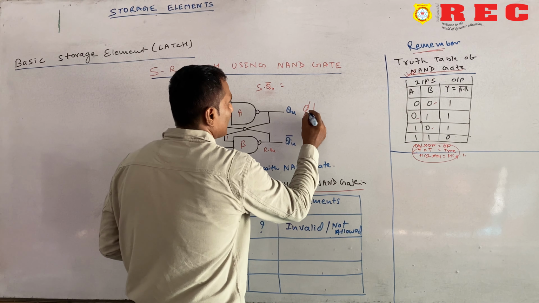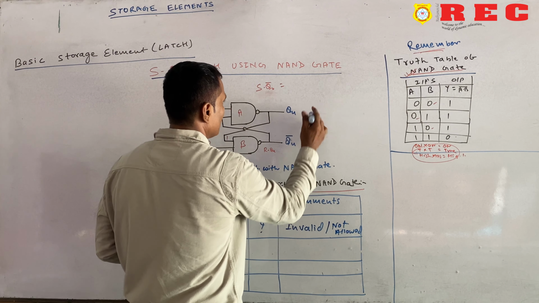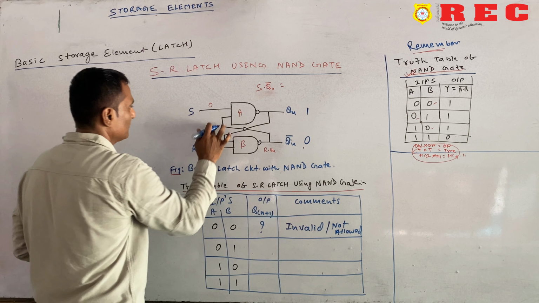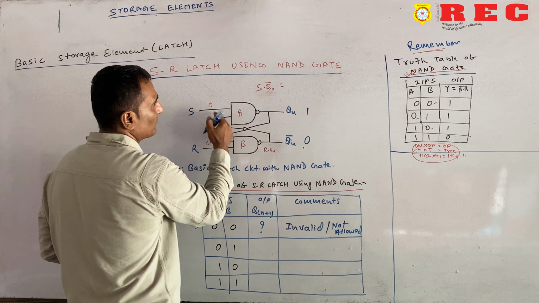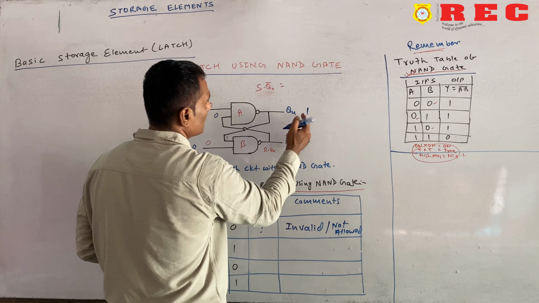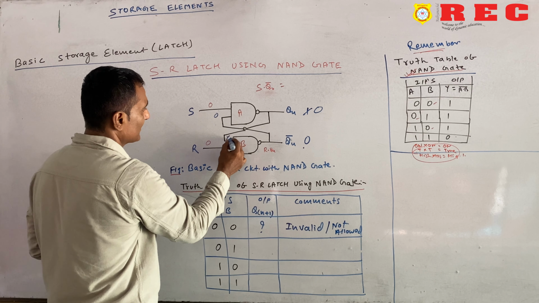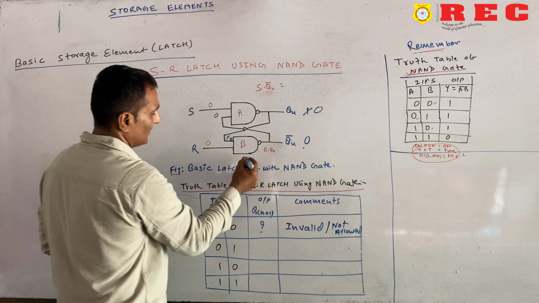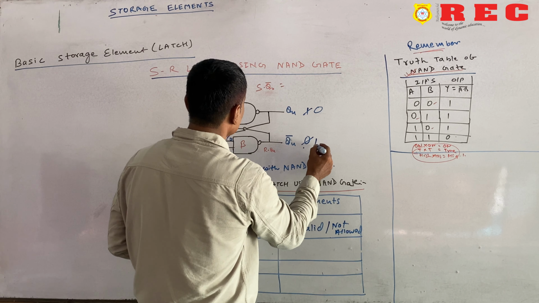If we assume Qn is 1, you can also see, no problem. If this is 1, this is 0, and this 0 will come here, 0 into 0. If both the inputs are 0, the output will be 1.